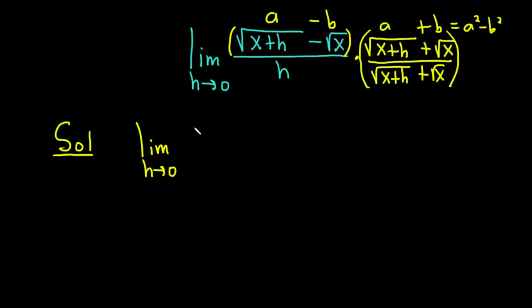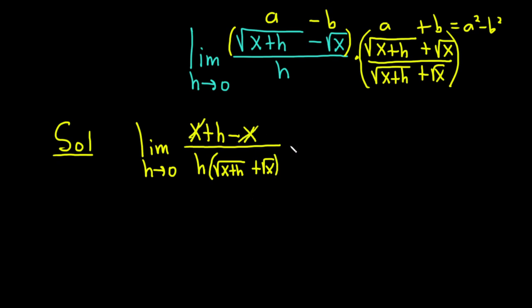So you square that, and so you get x plus h minus, and then b is the square root of x. So you square that and you just get x because the square root goes away. All being divided by, still have the h, parentheses, and then the square root of x plus h plus the square root of x.